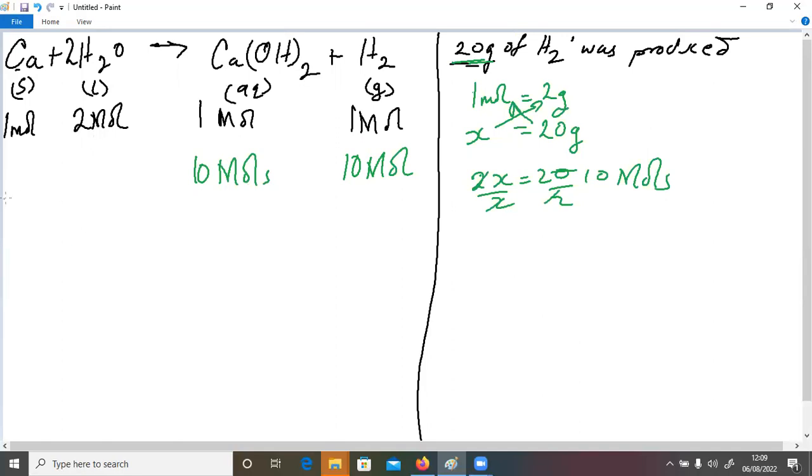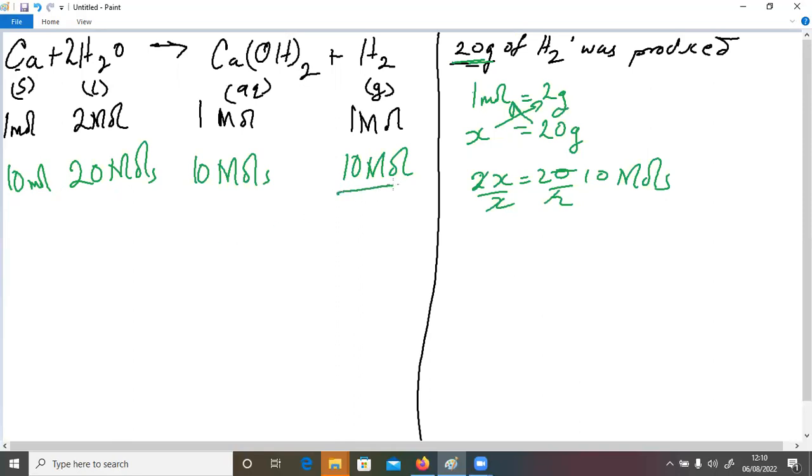It implies also that 20 moles of water molecules was consumed during the chemical reaction. It implies that 10 moles of calcium must have been used. Why? Because in these chemical reactions, they take place using those constant mole ratios. So if you know the mass of one, you know the implication of the other.